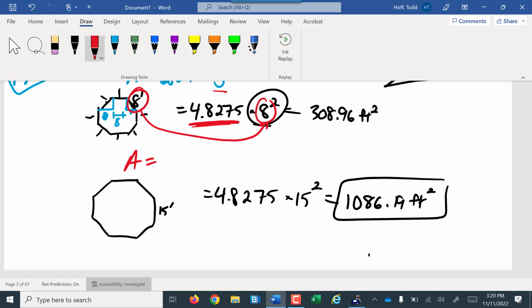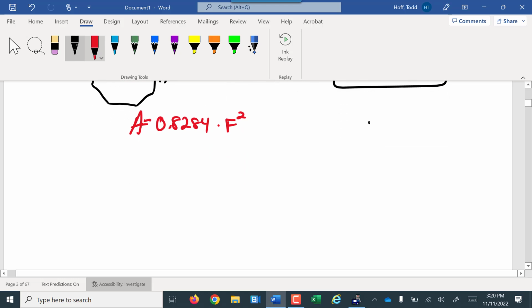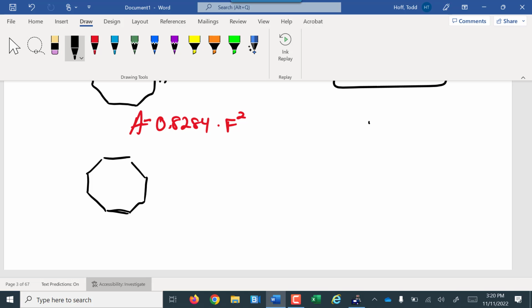What if we know the flat distance? Well, then the area is 0.8284 times that flat distance squared. This would be if you're going to build a gazebo, and let's say you have 20-foot timbers, and you want to make it portable. Those 20-foot timbers will extend across, so you can put it on a truck or a trailer.